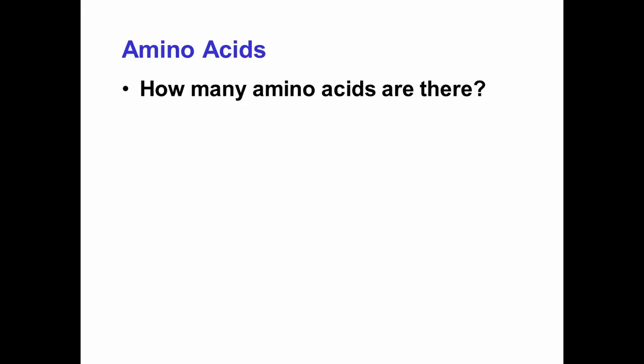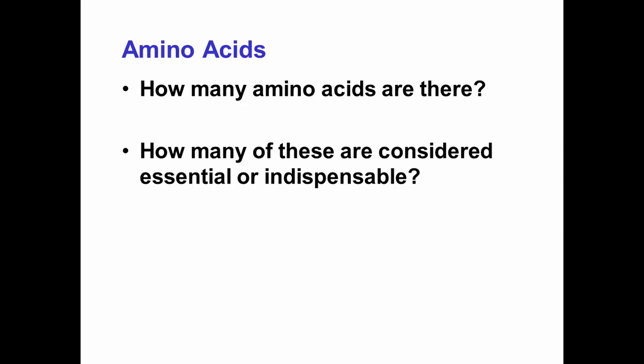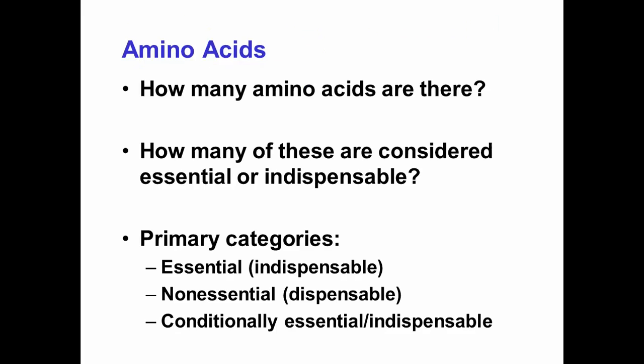How many amino acids are there? 20? The essential number has moved over the years, but what did you learn? 9? Yes, I would say 9. So we have essential, non-essential, and also conditionally essential.